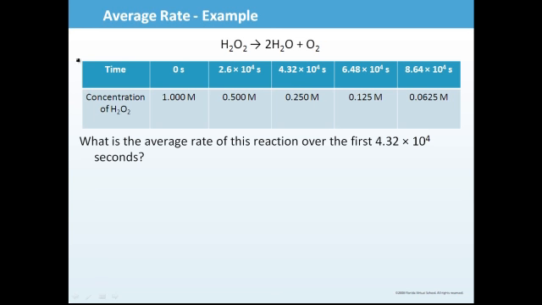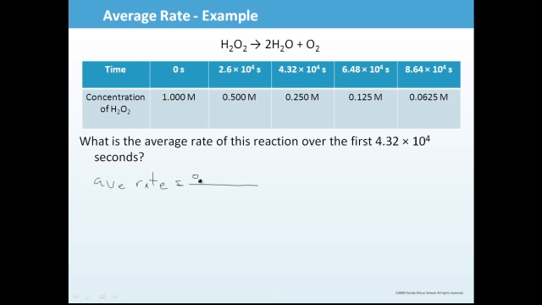Okay, so again, to get the average rate, we would take the final concentration and subtract the initial, and that would go on top.